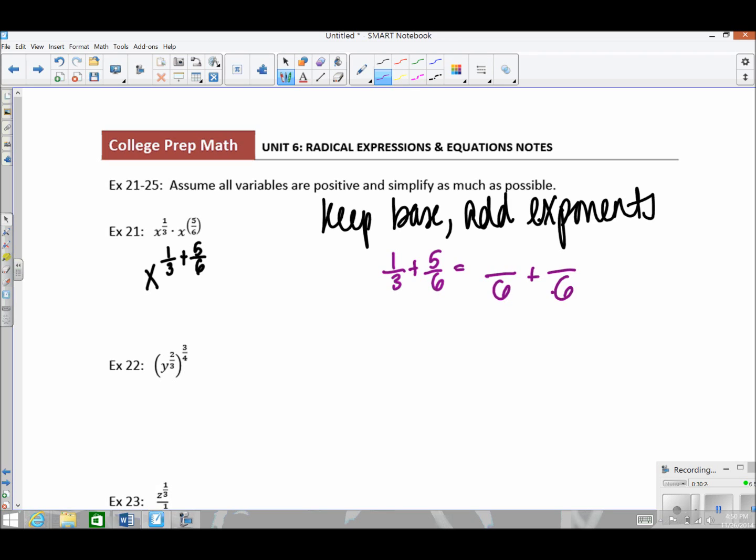So I'm going to rewrite these with a denominator of 6. In order to change this first one into a denominator of 6, I have to multiply everything by 2. So I have 1 times 2 is 2. And then the other one I can just keep as 5 over 6. When you add fractions, you keep the denominator and add the numerators, so we get 7. So that means over here, my expression is going to be x raised to the 7 over 6.